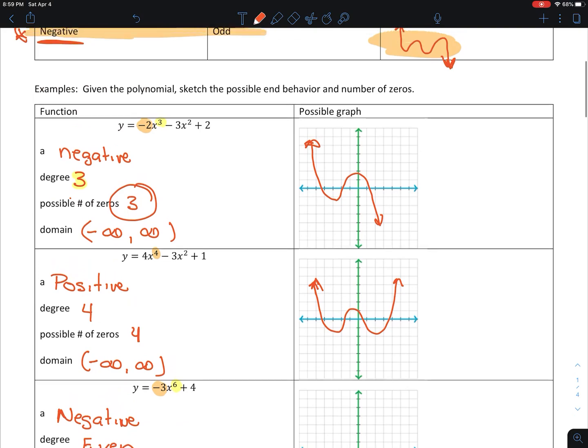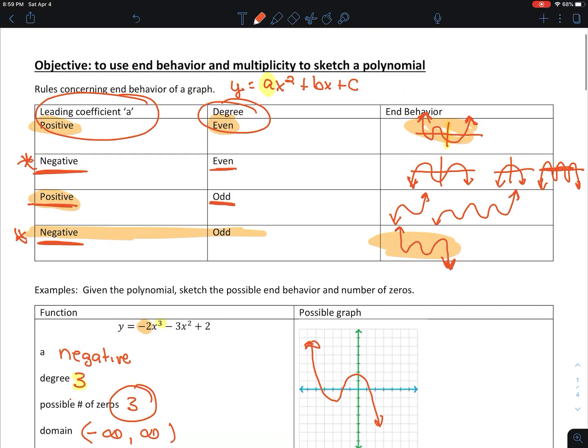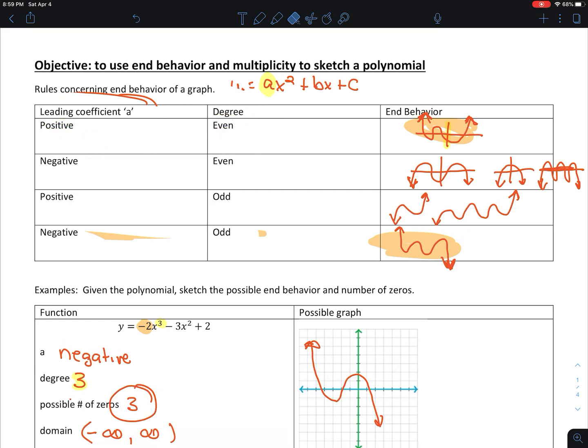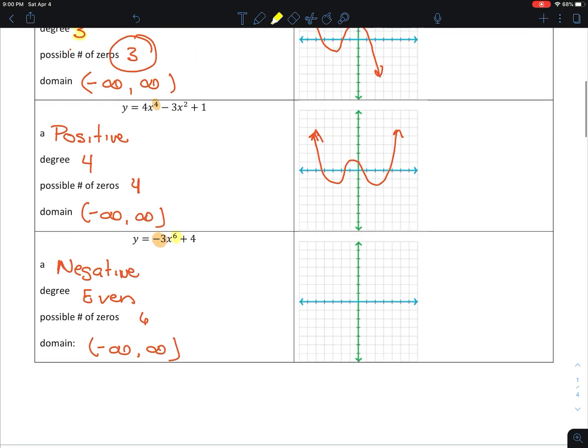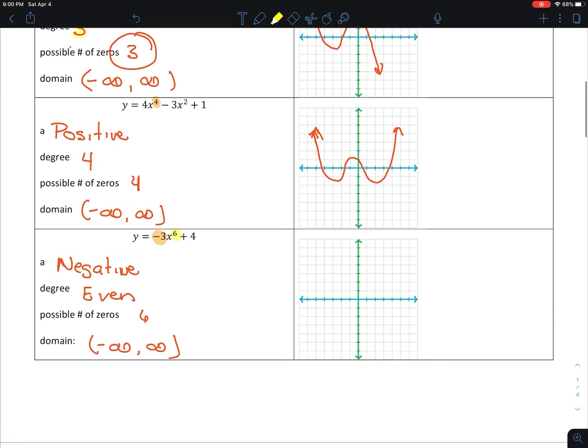So what is this going to look like? A is negative and my degree is even, so it's going to look like this. My end behavior, both ends, will go toward negative infinity.